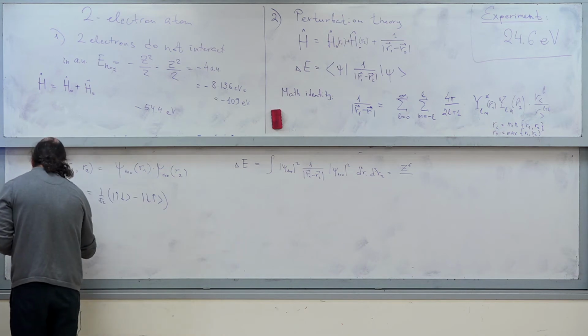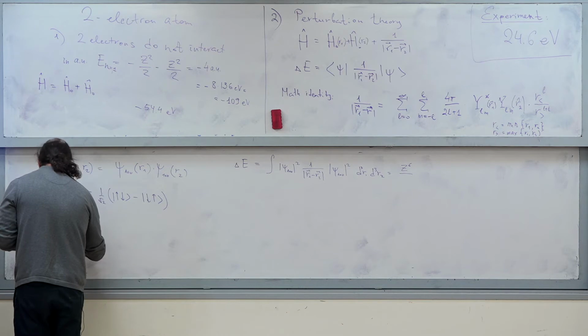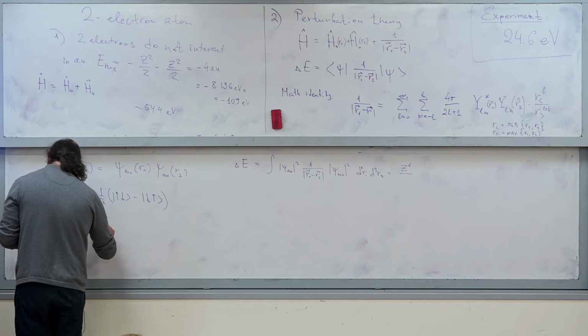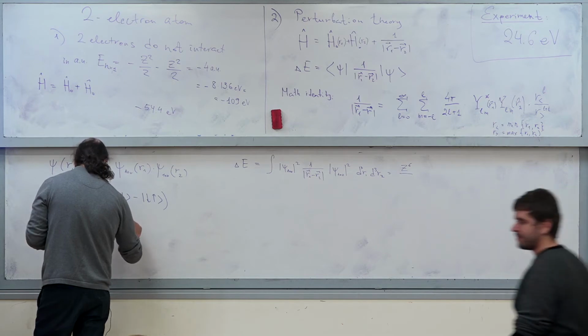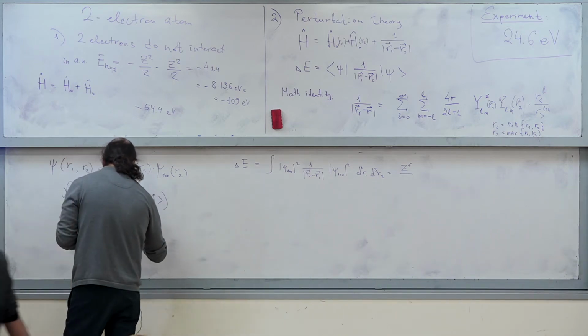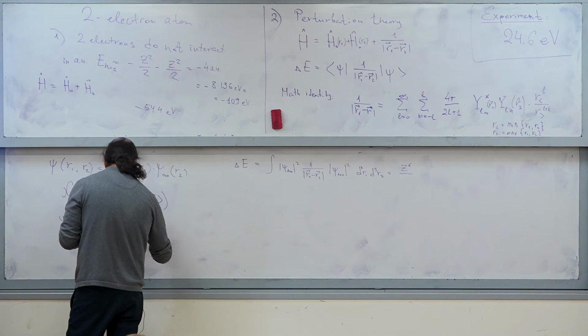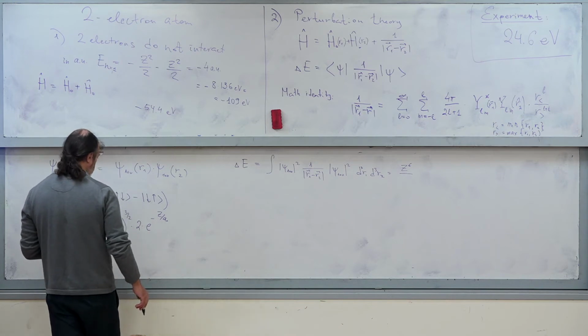So this wave function psi 1 0 0 of r, theta, phi is equal to Z divided by a0 to the power of 3/2 multiplied by 2 multiplied by e to the power of minus Z r divided by a0, Bohr radius.